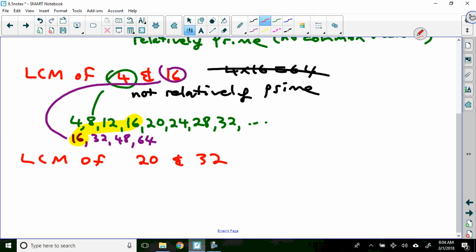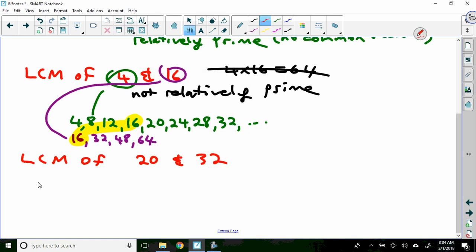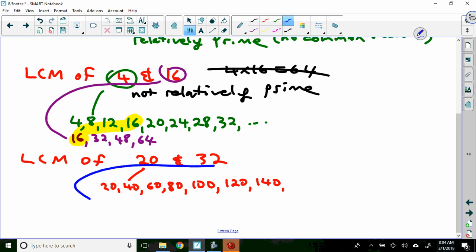So when you have something like this, maybe this will help us when we get to ones with variables. 20's multiples are 20, 40, 60, 80, 100, 120, 140. This is probably going to take a minute to find, isn't it? 32's multiples are 32, 64. I have a feeling once I get to 32 times 5, I'm going to get something that's going to work.